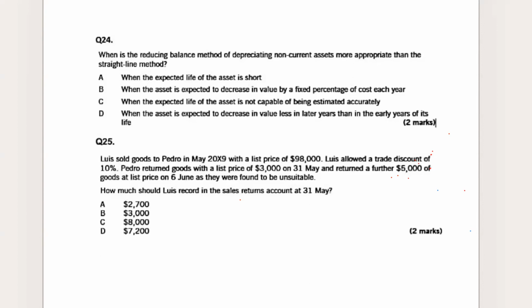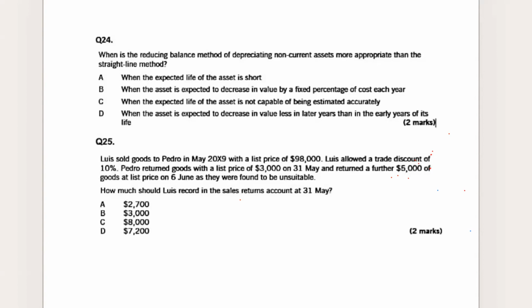Okay, before we come to B, still on D. Why do we say that D is the answer? The method assumes that the future benefits associated with the asset decline more in the earlier years of the asset's life than in the later years.